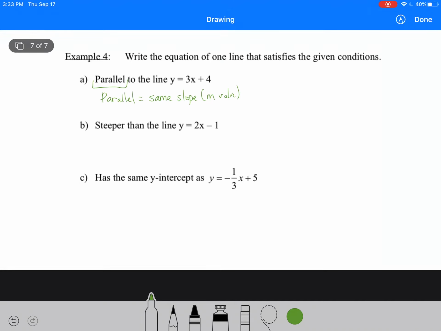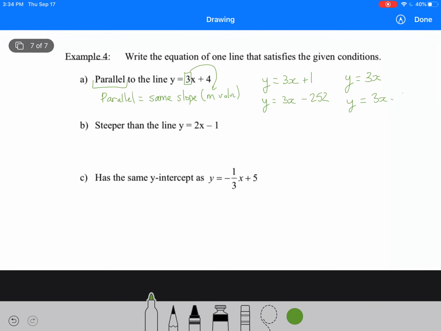So if we want a line that's parallel to 3x plus 4, our slope is 3. So in our equation, we're going to have y equals 3x. We could say plus 1. That would be an answer. Y equals 3x minus 252. That's also parallel. Or we could just say y equals 3x.